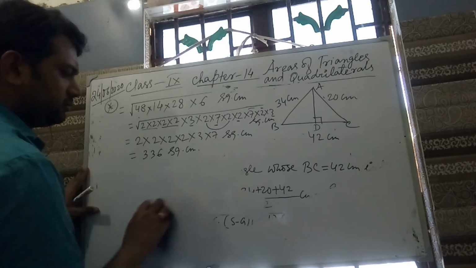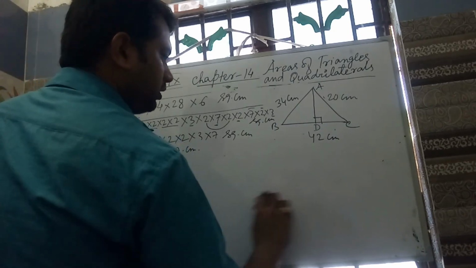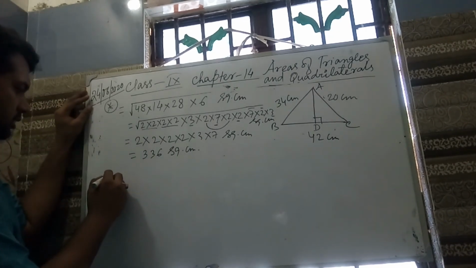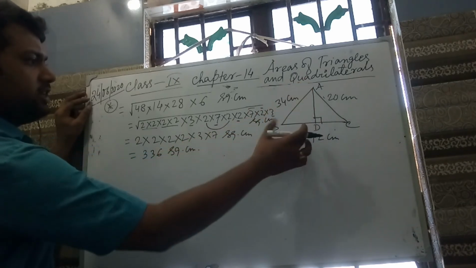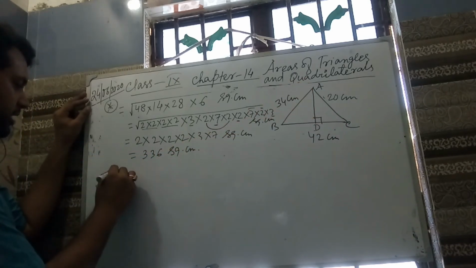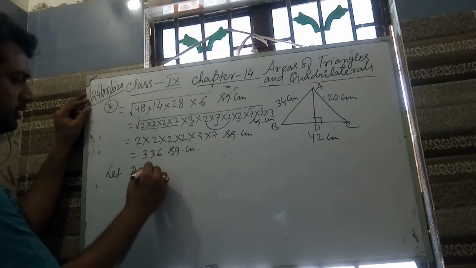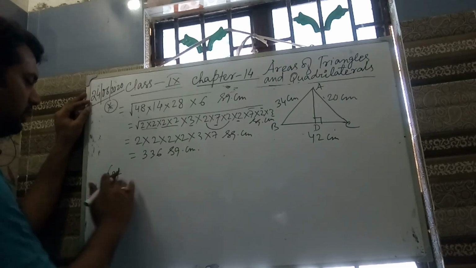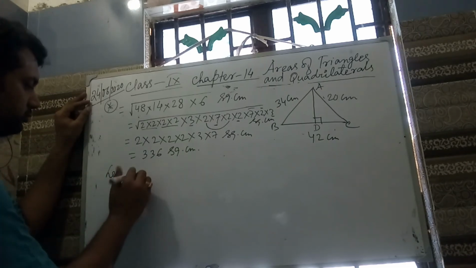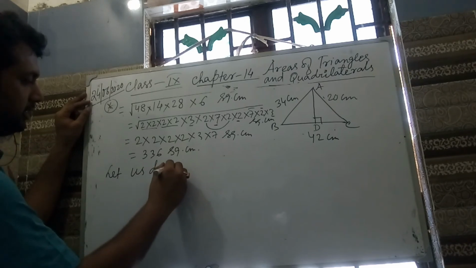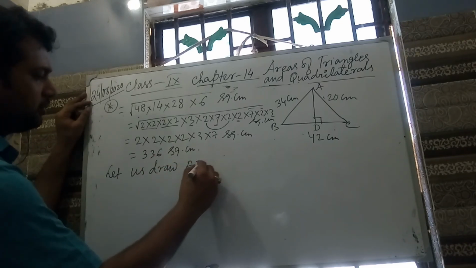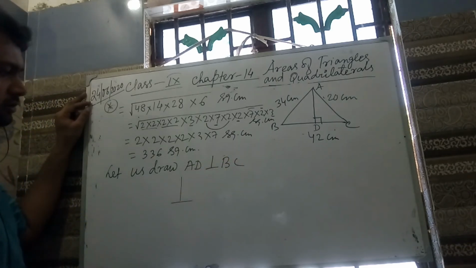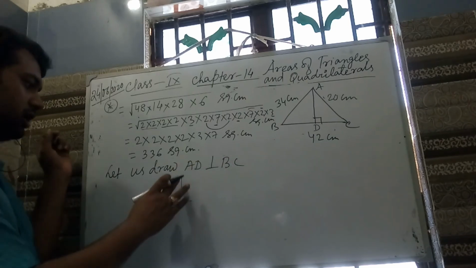Then for the next step, let me write it up. We have drawn a perpendicular AD on BC. So write down, let us draw AD perpendicular to BC. This is the perpendicular sign.